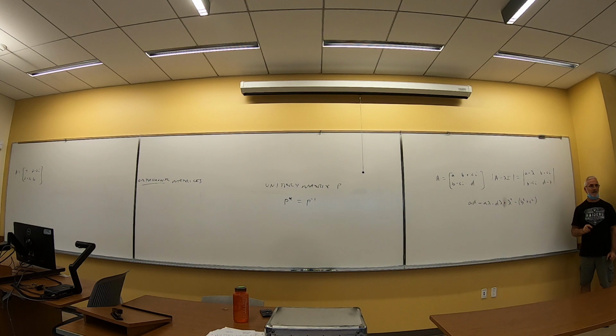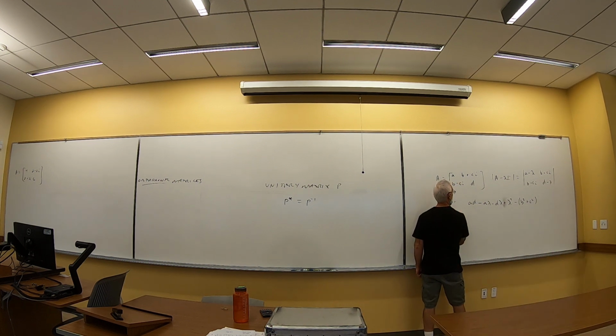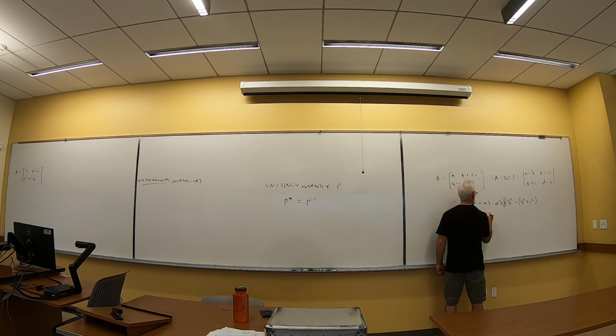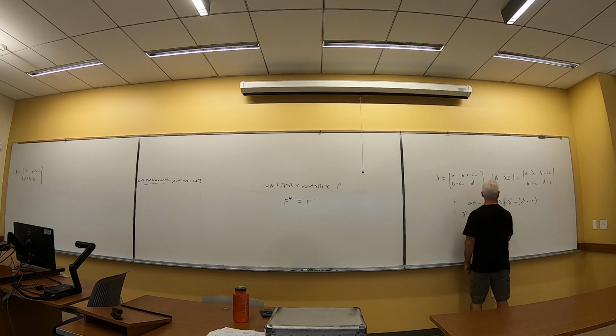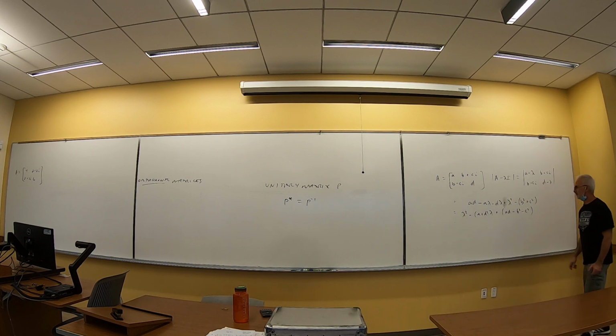Okay, we all agree with that? So this is equal to lambda squared minus a plus d times lambda plus AD minus b squared minus c squared. We want to write it that way.